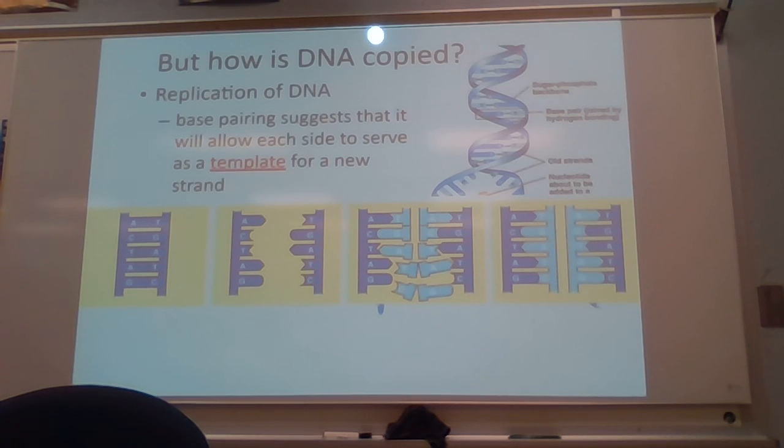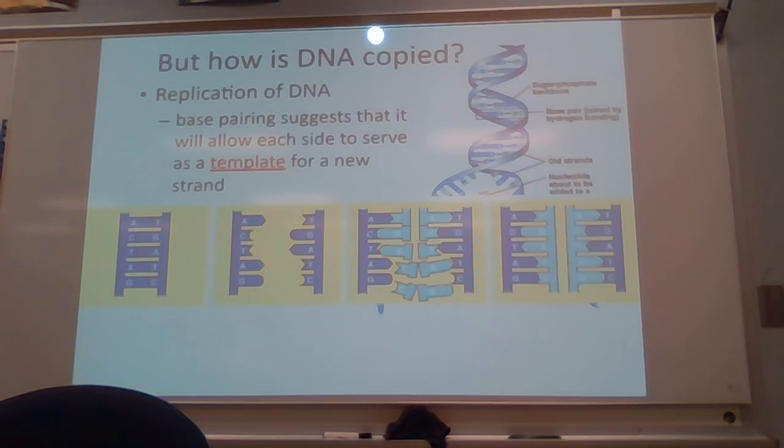Then we add in the new nucleotide, and we know what to add because of the base pairing rules, right? So if we have an A on one side, we're going to add a T. If we have a C, we add a G. The opposite strand is going to be the opposite code, but when we copy it, we're still adding the base pairs. And so as a result, we get two identical molecules.